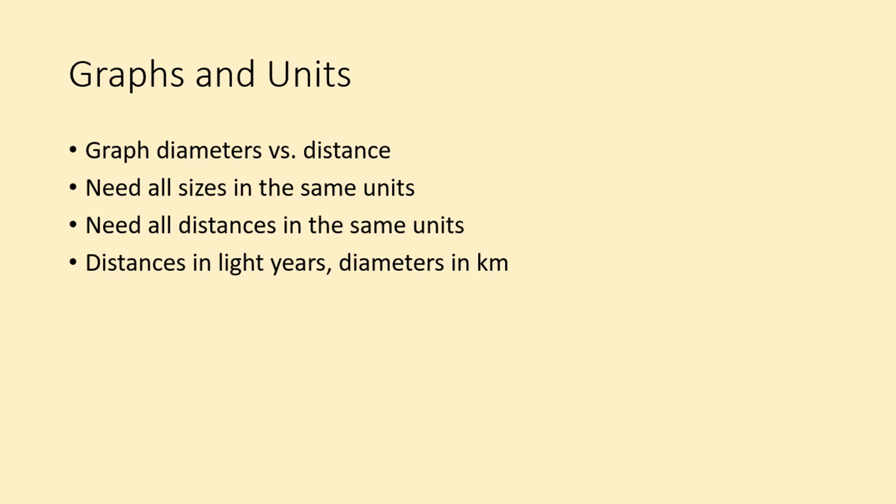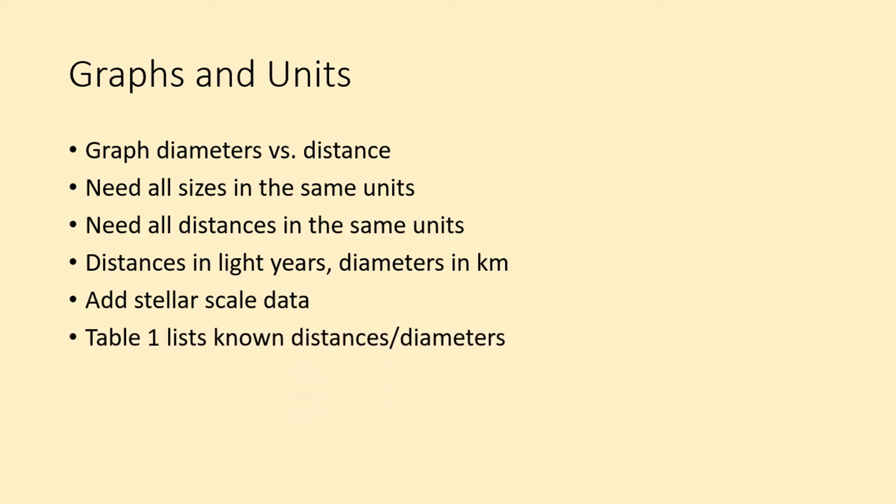We're also going to need some additional data besides what was given in the first lab. That lab has data tables for the solar system and galactic scales, but it only gives the distance to the nearest star. If we want to include the stellar scale on our graph, we're going to have to add that in as well. Table 1 in this lab lists the distances and diameters for a set of bright stars near our Sun.